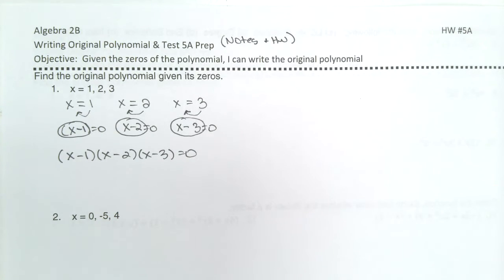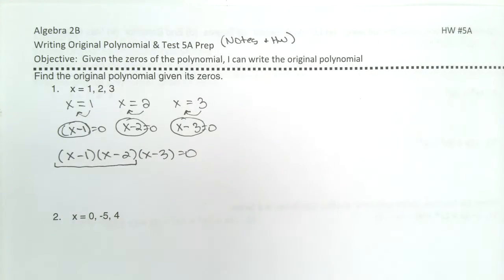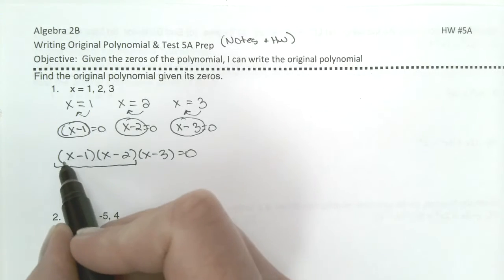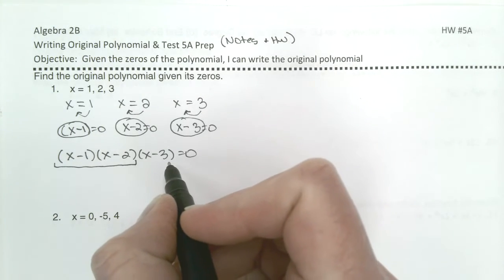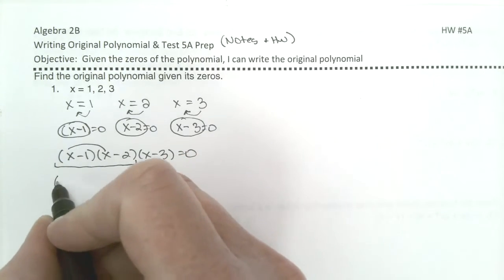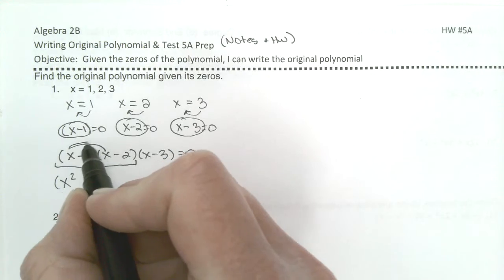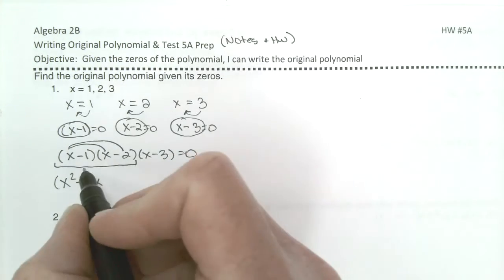like this. And you can only multiply two things at a time. So I'm going to focus on multiplying and distributing these two, and then I'll deal with multiplying it by the x minus 3. So x times x is x squared. X times negative 2 is negative 2x.